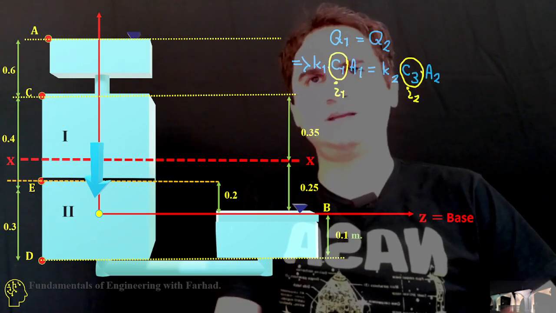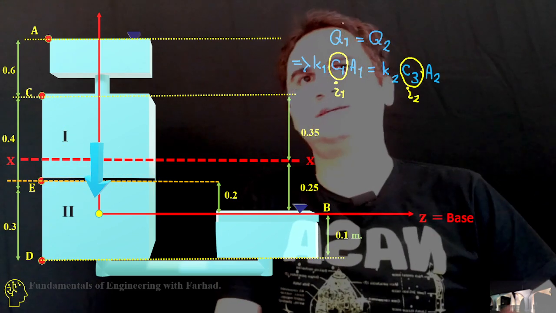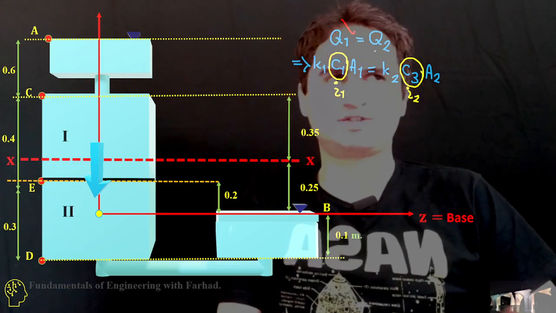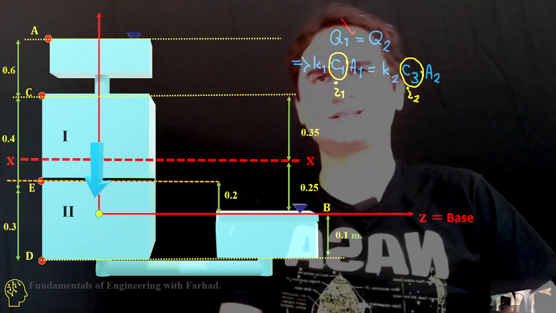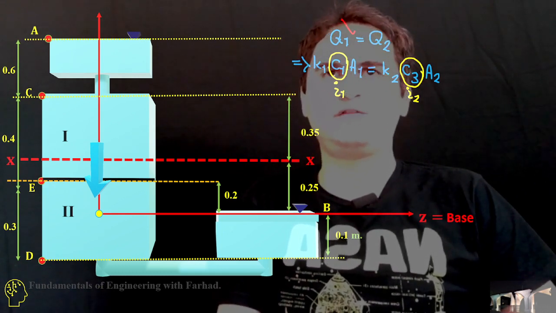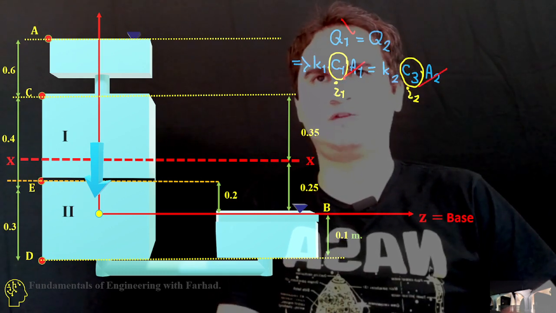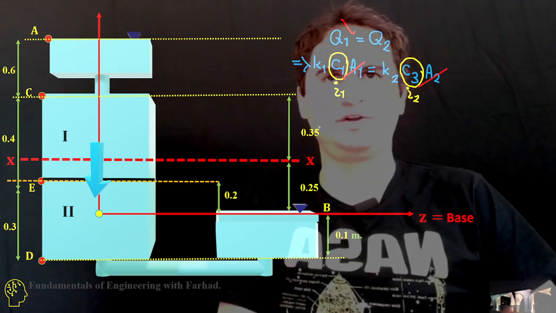And also at the same time, we do know Q1 is equal to Q2. The same discharge passes through both layers, and that's equal to K1 I1 times A1. You can easily cancel out the areas, and C1 is I1 and C3 is I2.